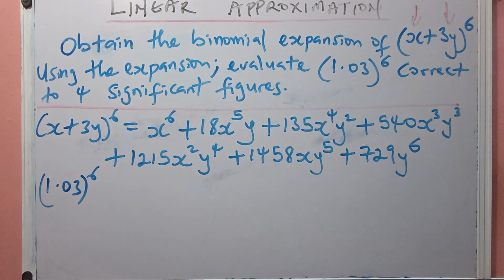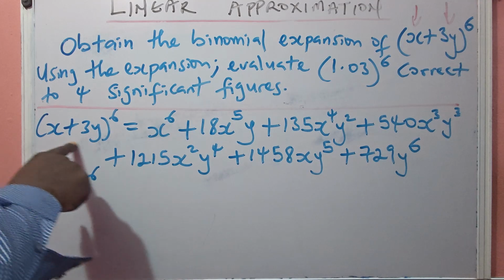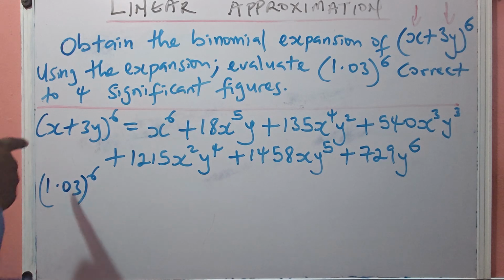Now, in the previous examples we did, what we used to do was we would say, what was x that would make this expression give me 1.03? But in this case, you're having two different variables. So what are you going to do? Because it's going to pose a problem. Because if you say what was x, the other question will be what was y also. So that's why I said it comes with different dynamics, right?